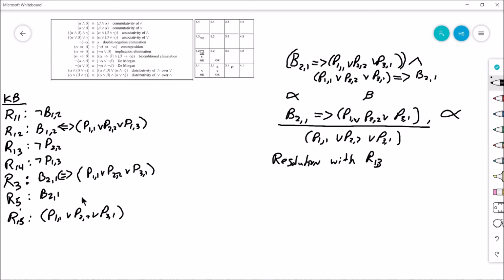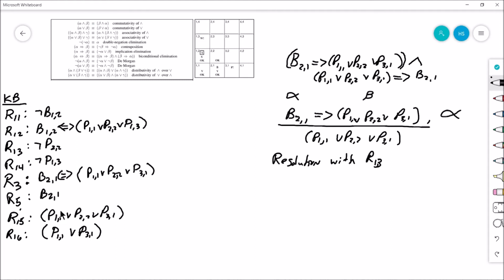Okay, so if I do that, then I'm going to get a resolvent, and the resolvent is the subsequent sentence. So what I get is a new sentence that looks like this, right? So I'm applying R13 to R15, and what that gives me, the resolvent, is P11 or P31.